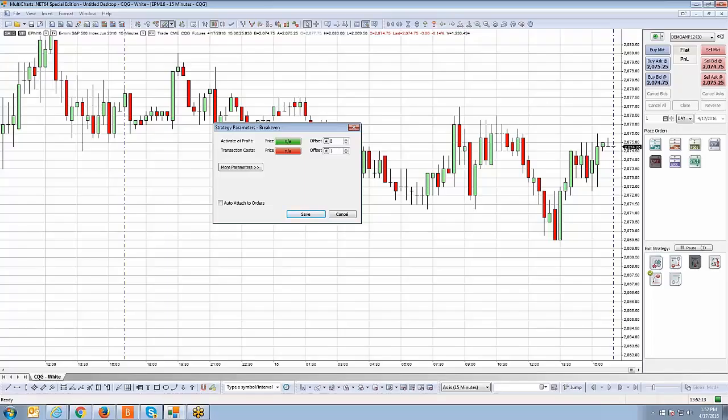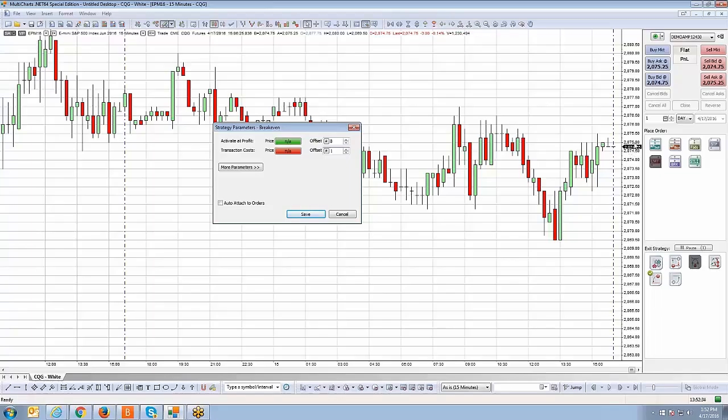So for example, on the mini S&P, the tick value is $12.50 for every tick, and at AMP Futures $12.50 should be more than enough to cover your cost. So if you put one tick, for example, what that means is when the market moves to 2076.75, which is the 8-tick profit trigger, then our stop is going to move to 2075, not 2074.75.